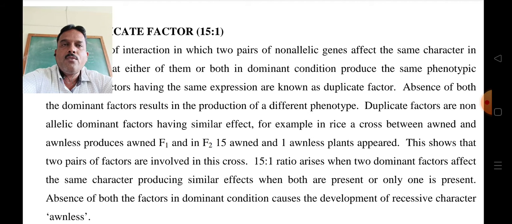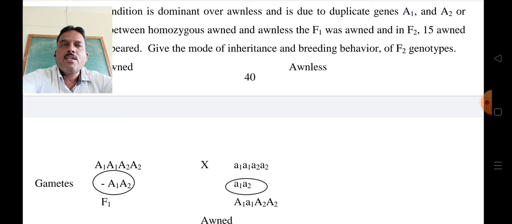How is it obtained? Suppose two parents are there, awned crossed with awnless. Suppose we take two dominant genes, capital A1 and capital A2. The capital A1 capital A1, capital A2 capital A2 homozygous genotype crosses with awnless, small a1 small a1 small a2 small a2.